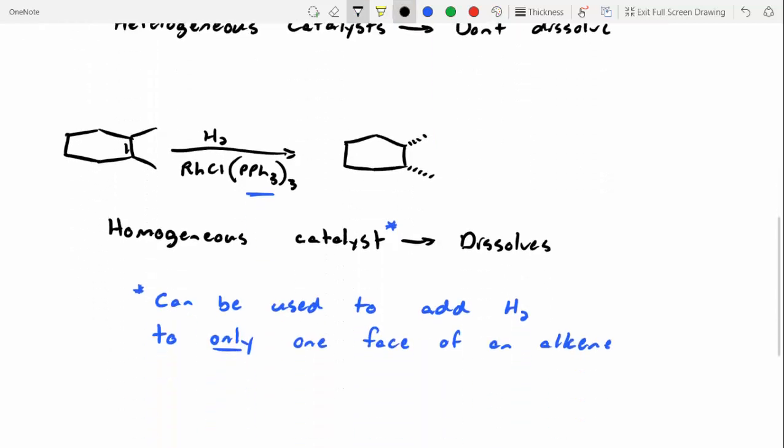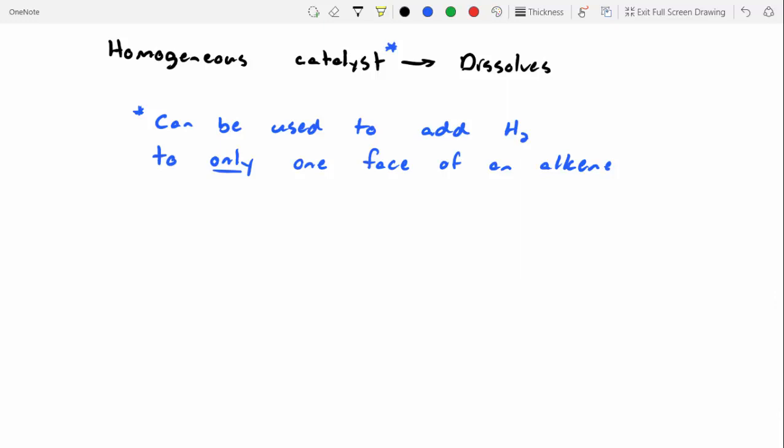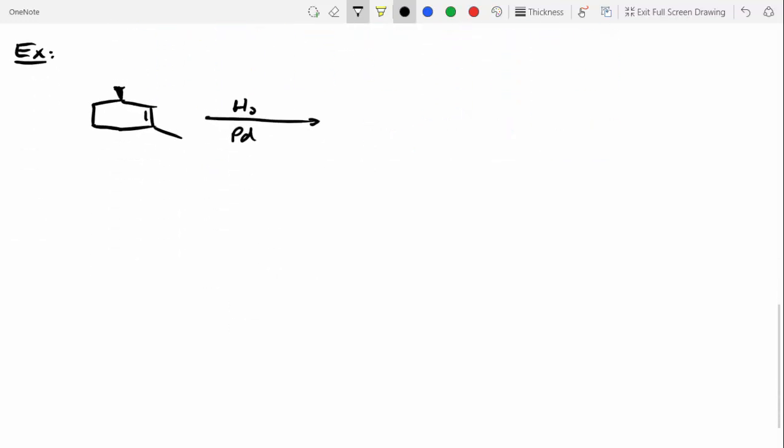Okay, you're just chilling. All right, let's take a look at an example. Let's say I've got this alkene where we've got a methyl group that's a wedge. We've got a methyl group coming off of our alkene, and we're going to do hydrogen gas, and we're going to use palladium on carbon as our catalyst.